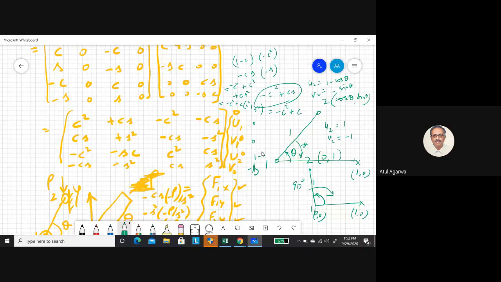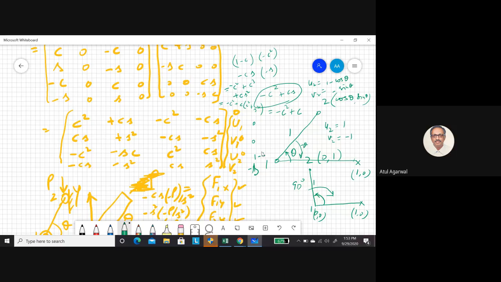So u2 was 1 minus c, and v2 was minus s. This was c and s.